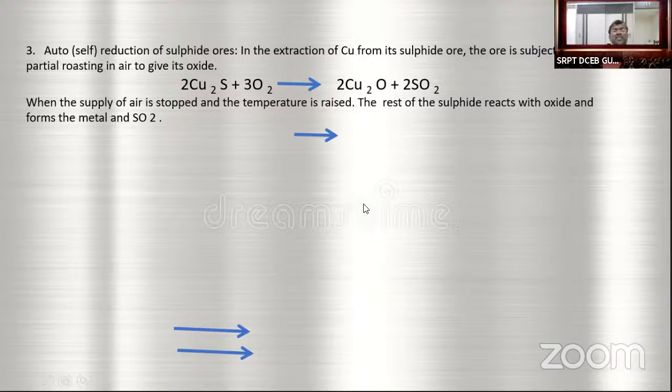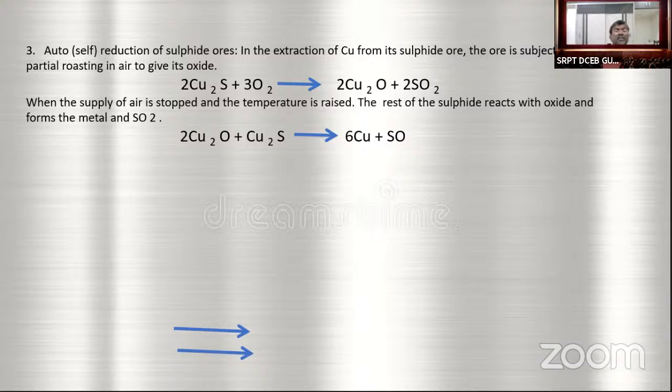When the supply of air is stopped, what happens? The temperature rises to a high point. Then what happens? The rest of the sulfide, which remains unparticipated in the reaction, converts into oxide and sulfur dioxide.